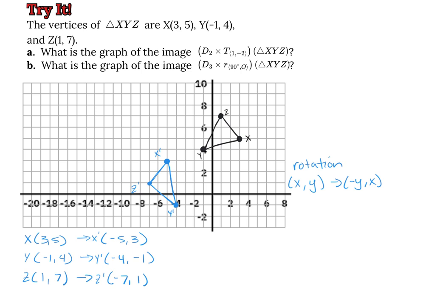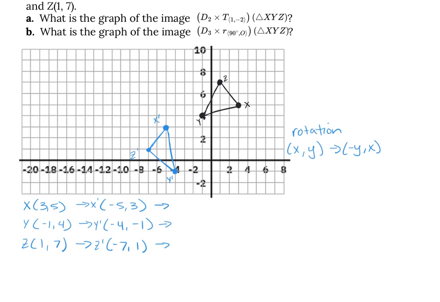Okay, from there we want to do our dilation, and this time it's a dilation of 3, so we're going to multiply by 3. So 3 times negative 5, and 3 times 3. 3 times negative 4, 3 times negative 1, 3 times negative 7, 3 times 1.